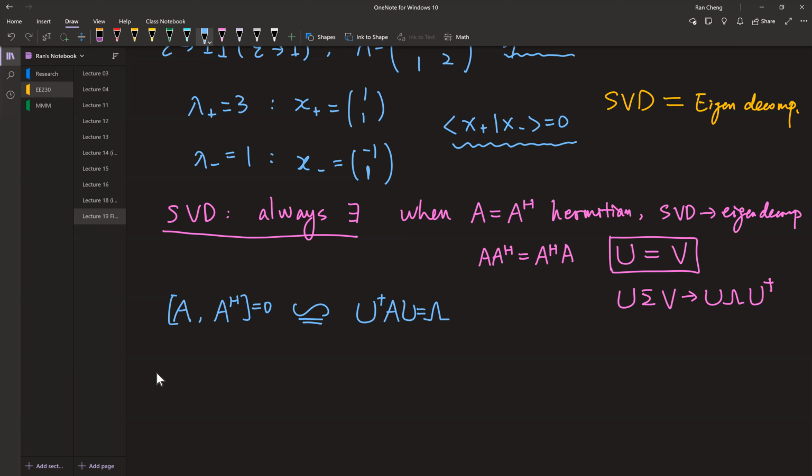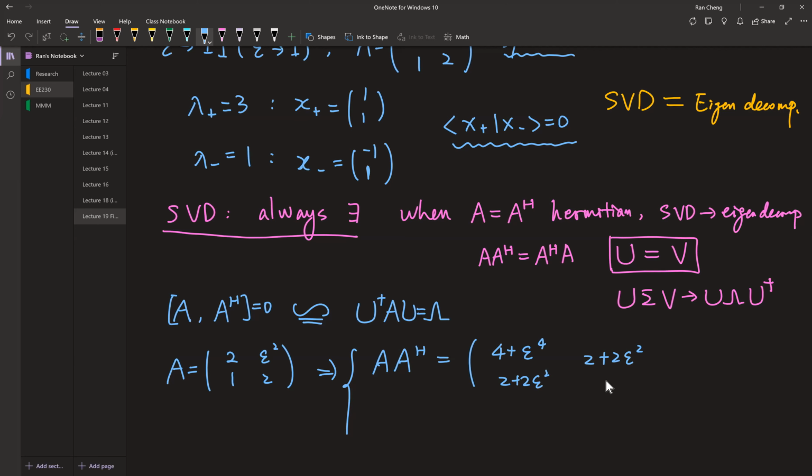Now let me write A again. 2, epsilon squared, 1, 2. We can check it. A Hermitian, or simply A transpose, because this is real. If we calculate A transpose A, this ends up with 4 plus epsilon to the fourth, 2 plus 2 epsilon squared, 2 plus 2 epsilon squared. So this is a symmetric matrix as expected, but A A Hermitian is different.